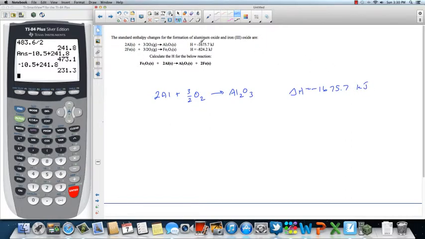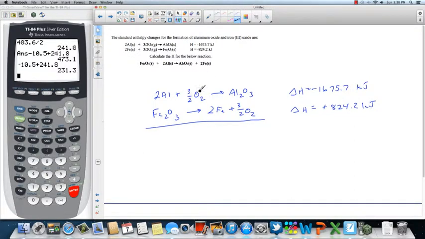The second reaction we want to flip, so we write it as Fe2O3 breaks down into 2 Fe's plus 3/2 of an O2. Because we flipped that reaction, we flip the sign. We get delta H equal to positive 824.2 kilojoules.